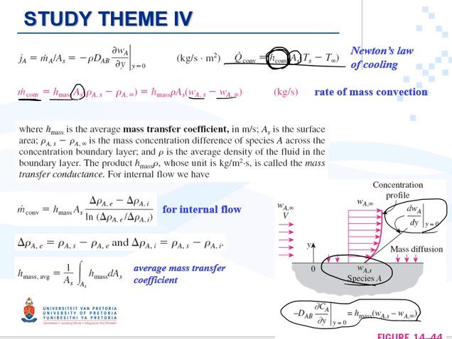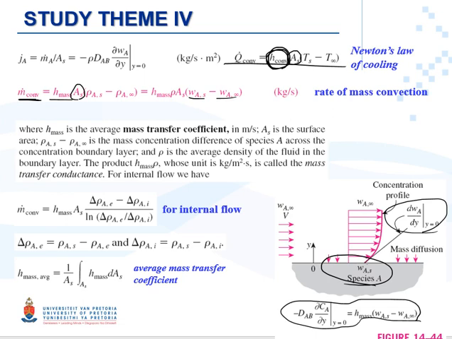We use it in heat transfer because log mean temperature difference was obtained by tracing the actual temperature profile along the tube, and it is an exact representation of the average temperature difference between fluid and the surface for internal heat convection. So for internal mass convection, we can define more or less the same thing. Instead of log mean temperature difference, we can define log mean concentration difference, as you can see here.